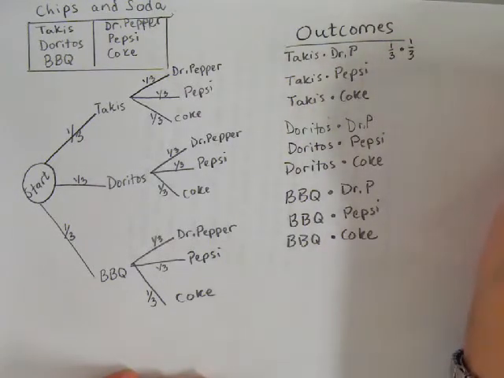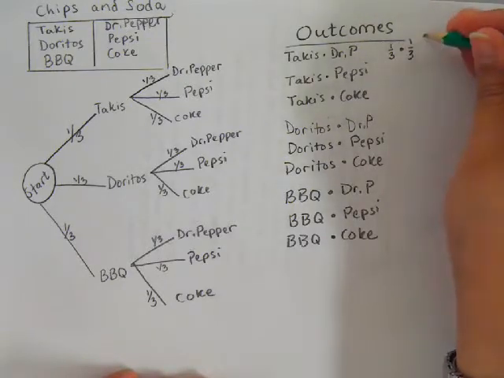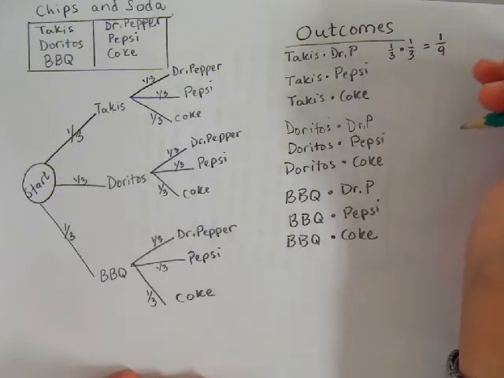Okay. All right. And so remember, multiplying fractions, you multiply straight across the numerators and straight across the denominators. So that would tell us that the chance of you closing your eyes and actually getting Takis and Dr. Pepper is going to be a 1 in 9 chance of getting exactly that combination.